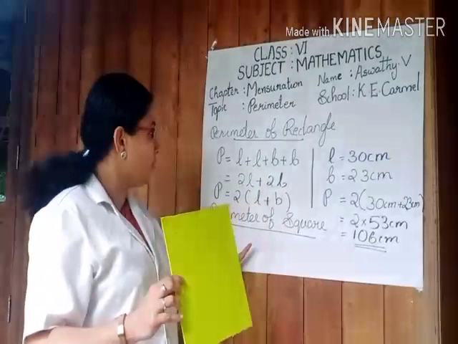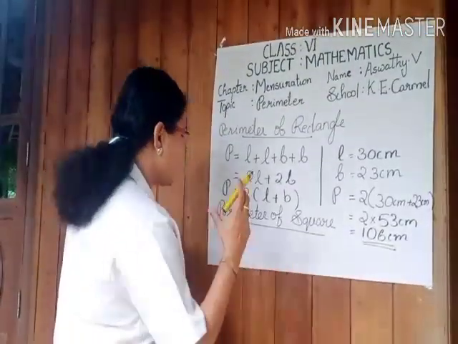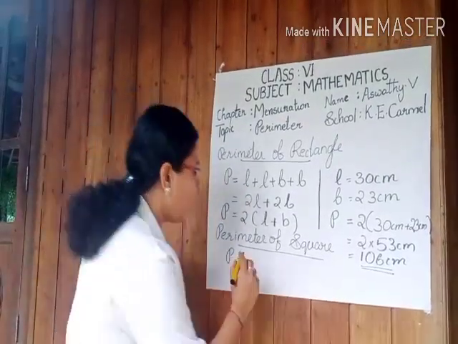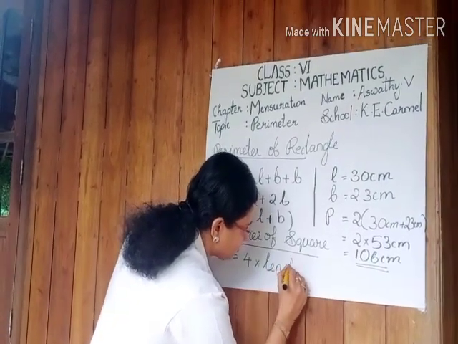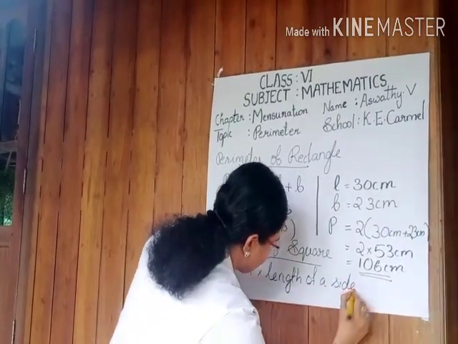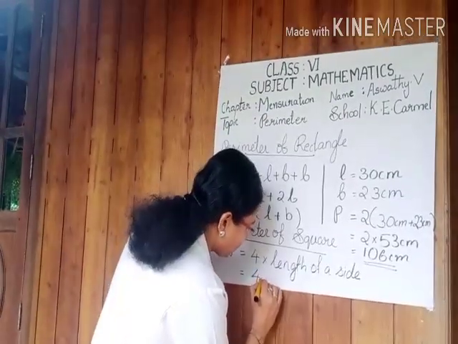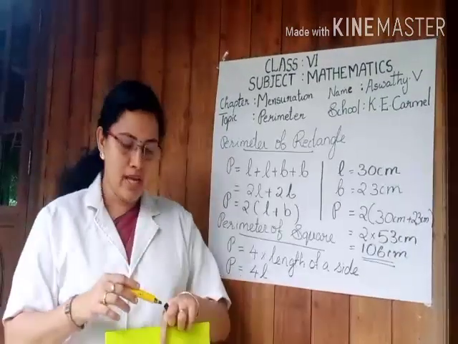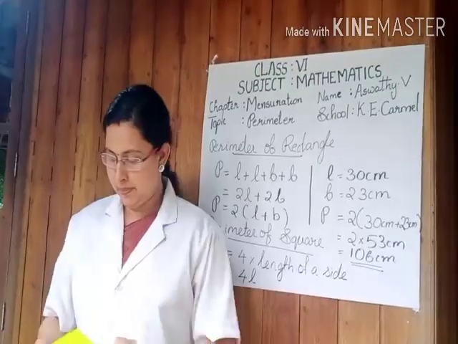So, when we're finding out the perimeter of a square, we can write the equation as P is equal to, since all the four sides are equal, 4 into the length of a side. So, 4 into L or 4L. So, the perimeter of a square is P is equal to 4L.